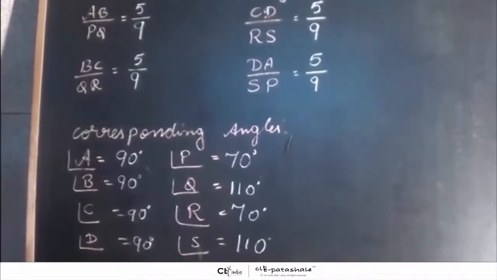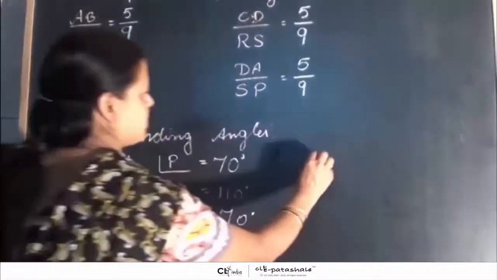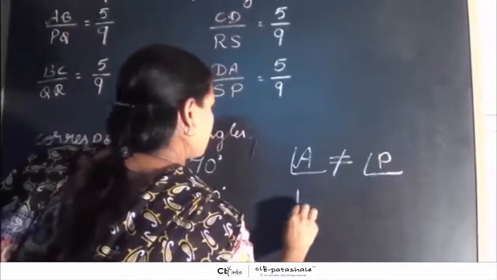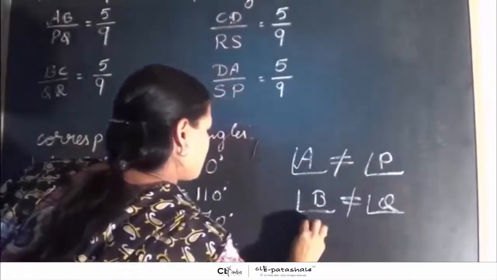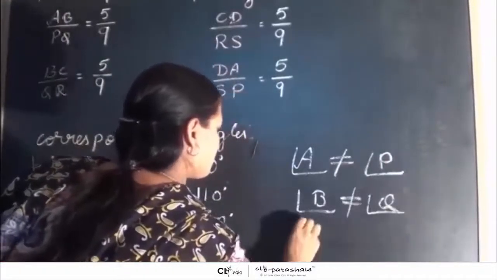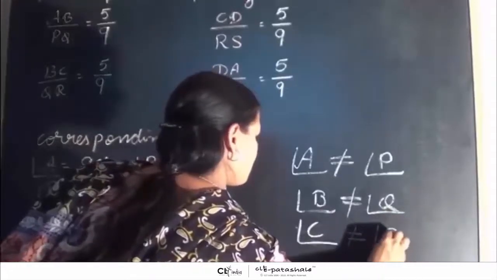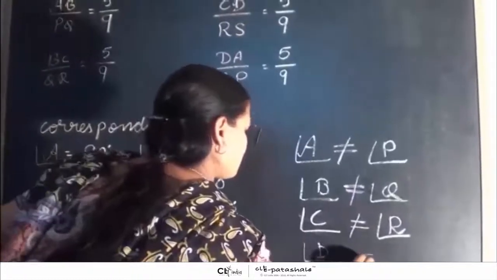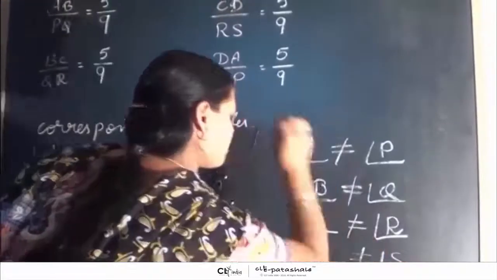What do you observe? That the corresponding angles are not equal. That is, angle A is not equal to angle P, angle B is not equal to angle Q, similarly angle C is not equal to angle R, and angle D is not equal to angle S.